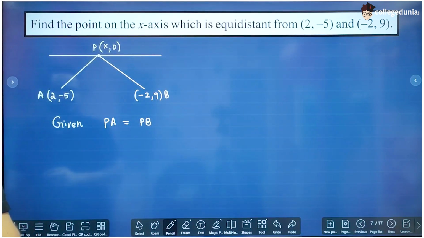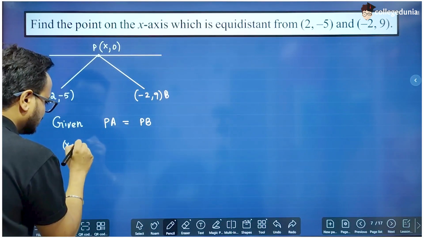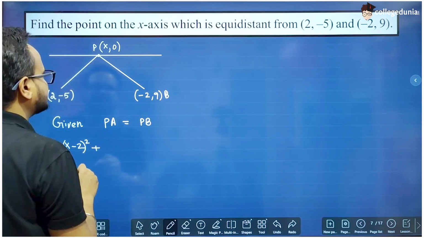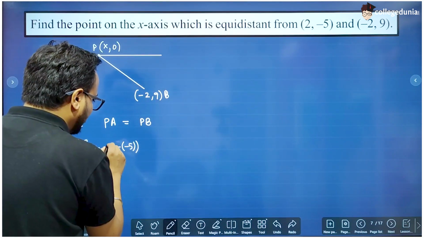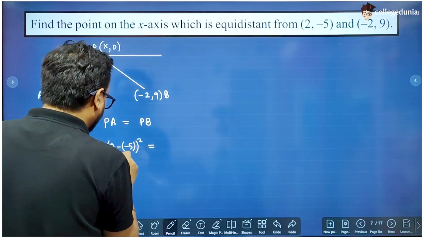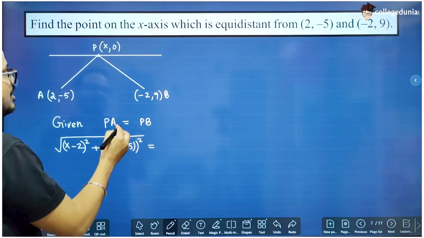Now let's first find PA. PA is the root of (x minus 2) whole square plus (0 minus minus 5) whole square, equal to PB.